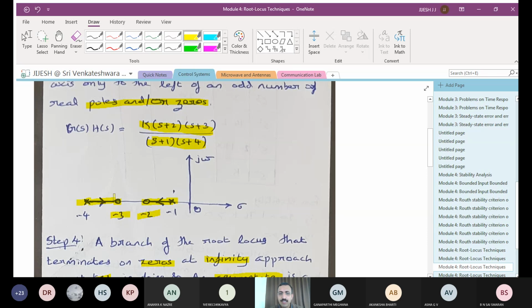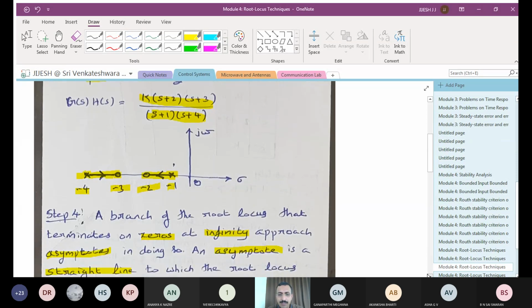So you have seen the zeros here, and if you talk about the poles, s plus 1 equal to 0, s equal to minus 1, you have a pole at minus 1, and s plus 4 equal to 0, s equal to minus 4, you get another pole at this point. So you have drawn the branches as well, which start from the pole towards the zero.